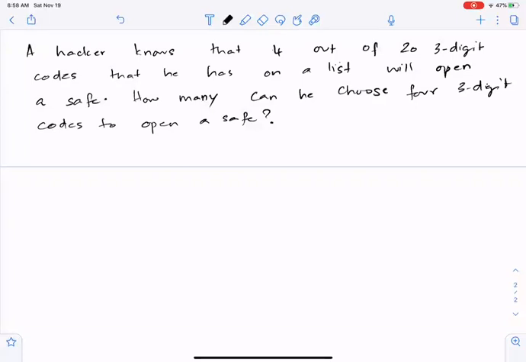So this problem: a hacker knows that if he picks 4 out of the 20 3-digit codes that he has on a list, he will open a safe. It's going for money. How many ways can he choose 4 3-digit codes to open a safe? To put this into perspective, this is what the hacker is trying to do.